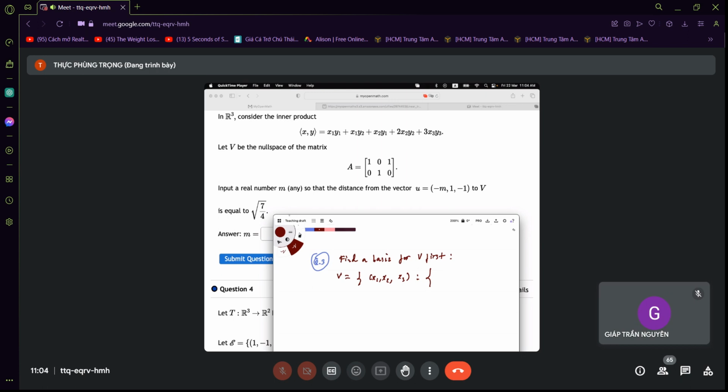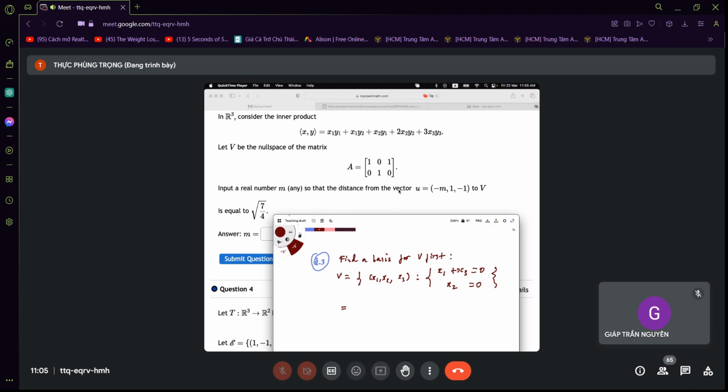So we have s1 plus s3 and s2 equals 0. Right? As equals 0. And from here you need to solve this one and get a basis, like we did in question 2, right?